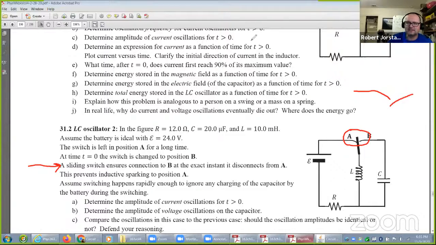The idea is if you take your switch and slide it across, it will make contact with this point at the same instant it lets go of that. And so if you have this type of sliding switch, you can actually have the inductor maintain current and not have a break in the circuit when you do the switching. So this is how you can handle those special kinds of switches to turn an inductor over to a different loop. And it's this special sliding switch.